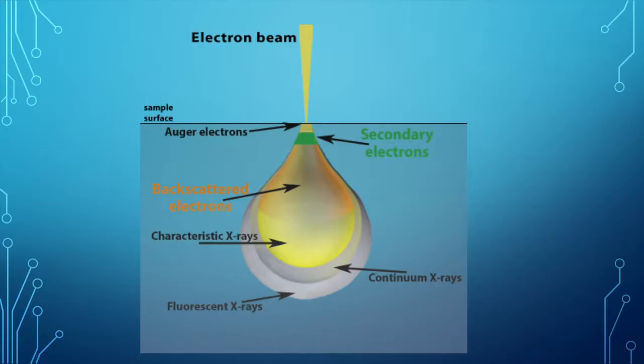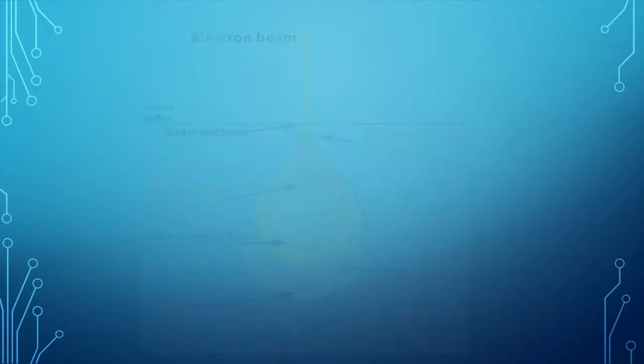Backscattered electrons consist of high-energy electrons originating in the primary electron beam that are reflected or backscattered out of the specimen. The electrons that are scattered by the focused beam, either elastic or inelastic, would then be attracted to and can be detected by the positively charged detector to give signals that would create the image of the sample's surface.